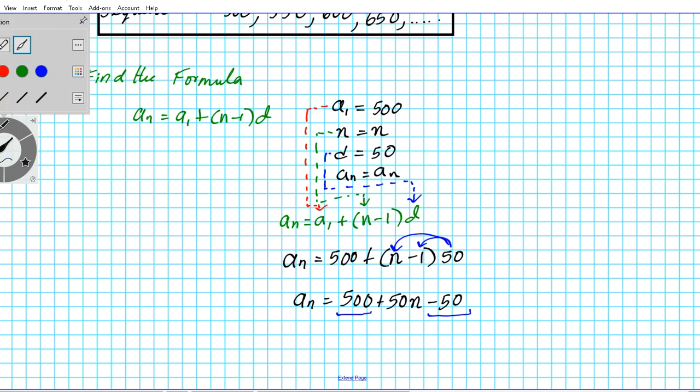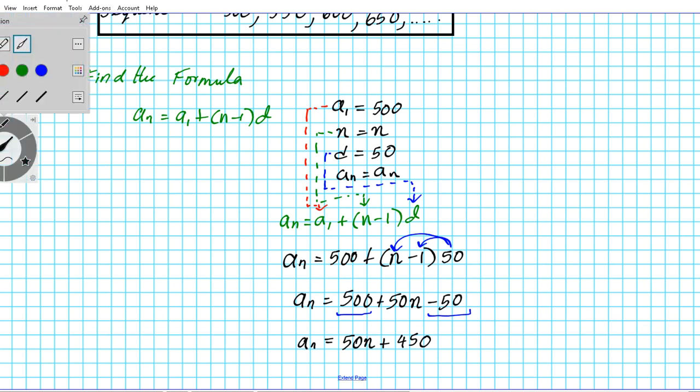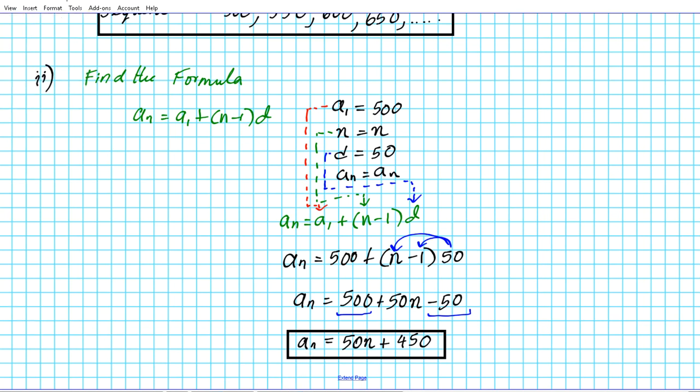If we combine those two, we're going to have an equals 500 minus 50 is 450, right? So we have 50n plus 450. So this is the formula that we can use to calculate the money that Jasmine spent on her phone after n months. Okay? So the last question is, how much does she spend in a year after 12 months?